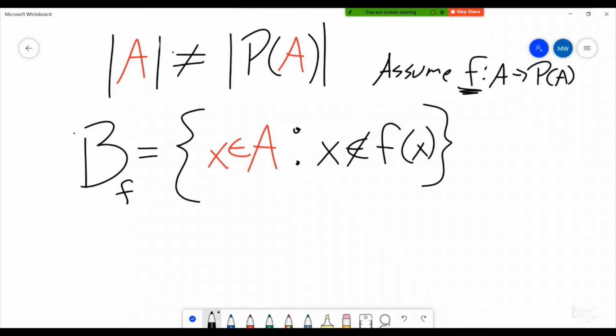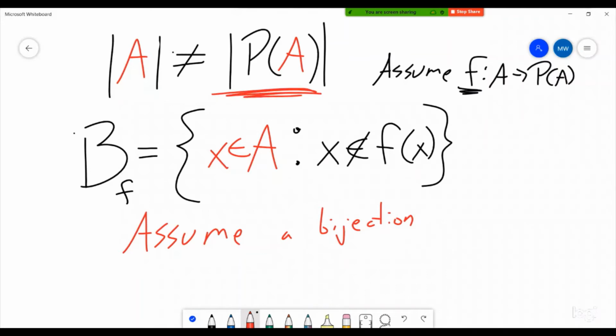Now, the way that we use this is if you assume that f is a bijection, then that means that for every possible set in the power set of A, so every subset of A, there is some element that maps to that subset.